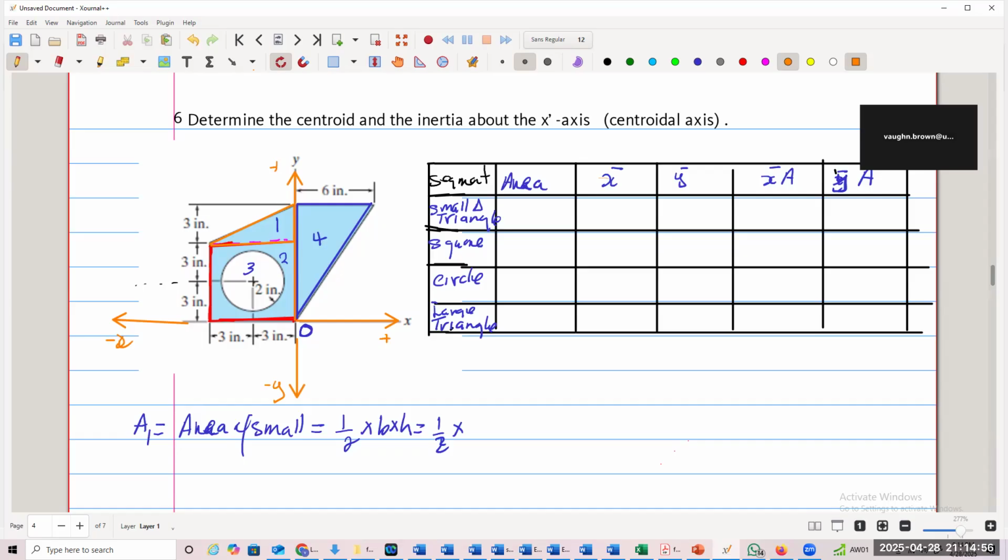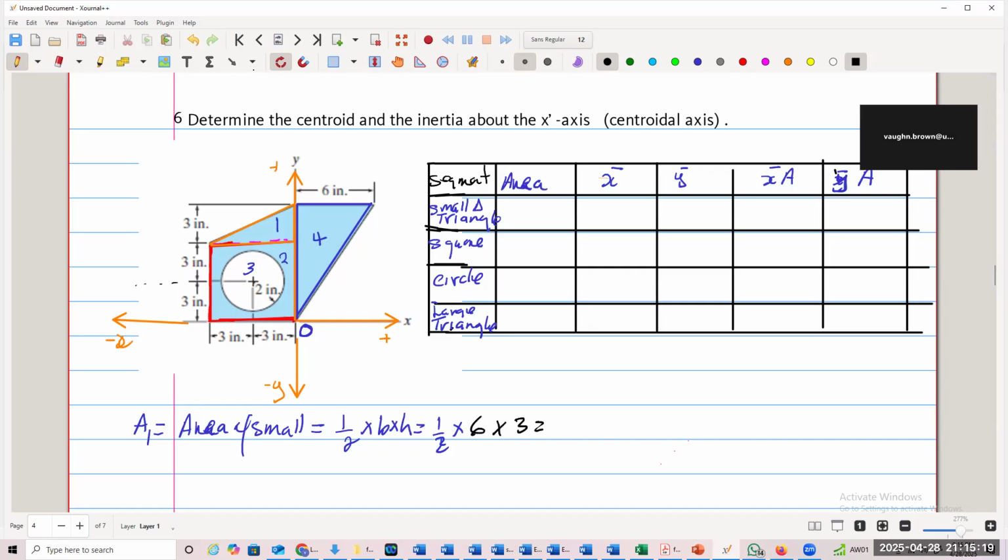All right. Now, let's jump back to where we were. So this now is going to be half. Now, the base of the triangle is going to be what? 6. Because from the origin out to this, remember the square and the triangle have the same length. So it's 6. And the height is going to be what? 3. Look, go up 3 inches.